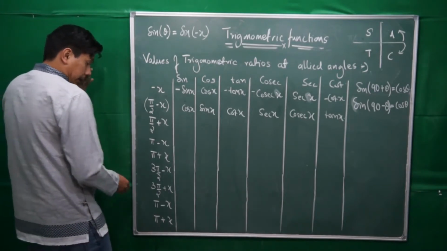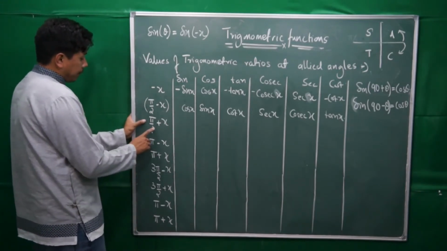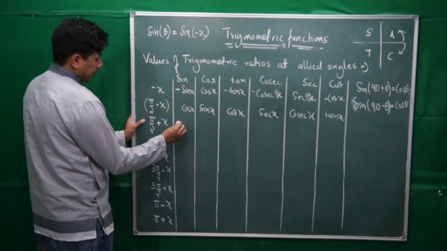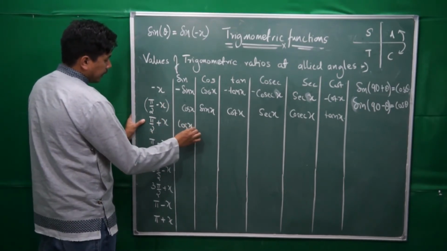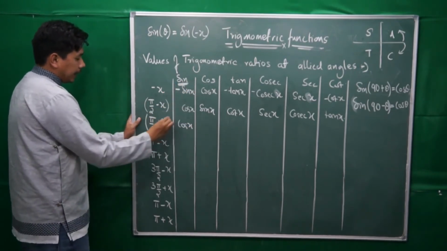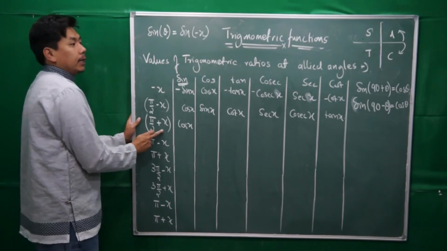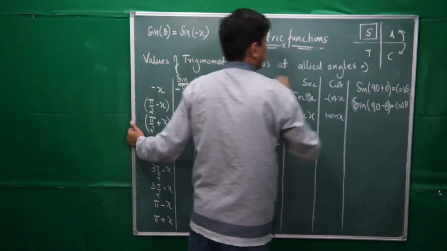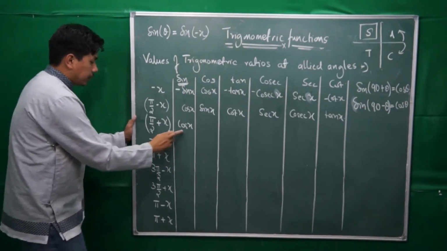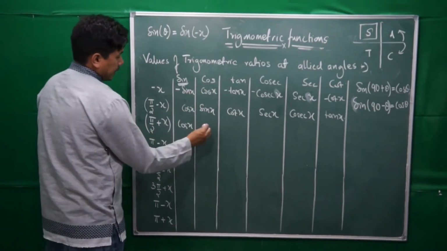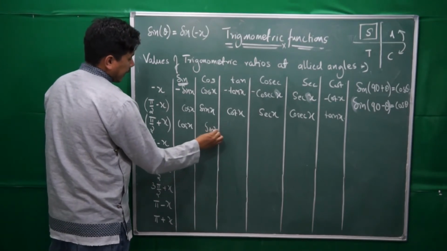So keeping it this way, for pi by 2 plus x, sine 90 plus theta equals again cos theta. Is it positive? For sine value, angle greater than 90 but less than 180, sine is always positive. So this remains positive. For cos 90 plus x, it would be sine x.